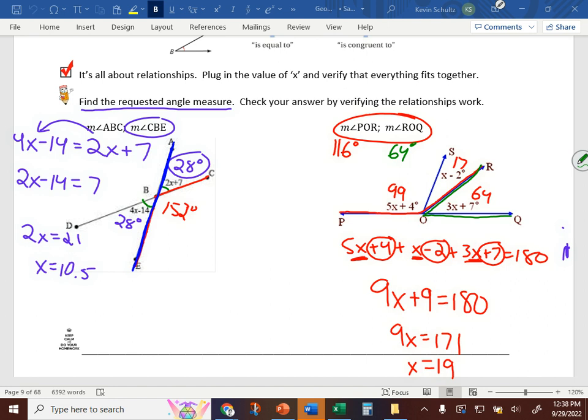On page 29, folks, you are to do 26. There's one.